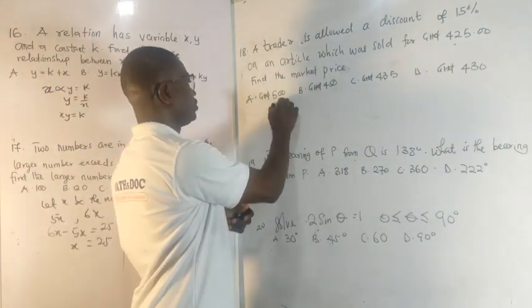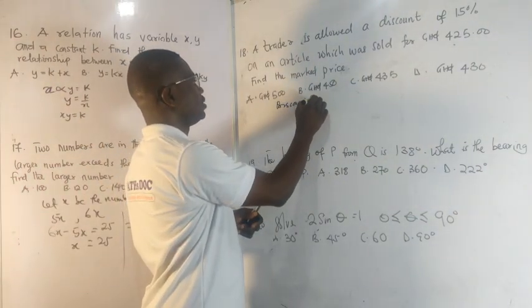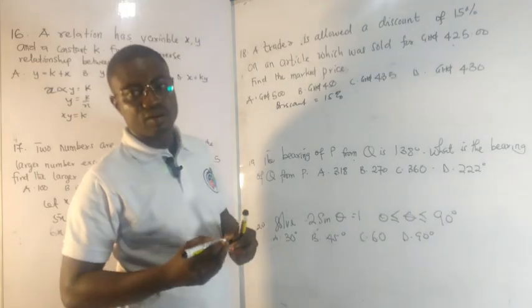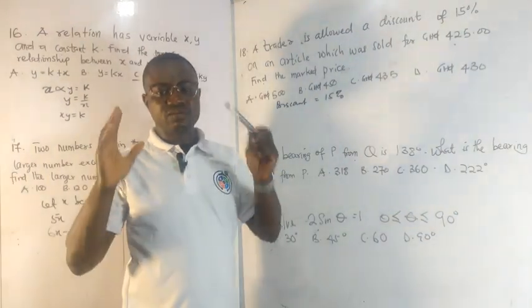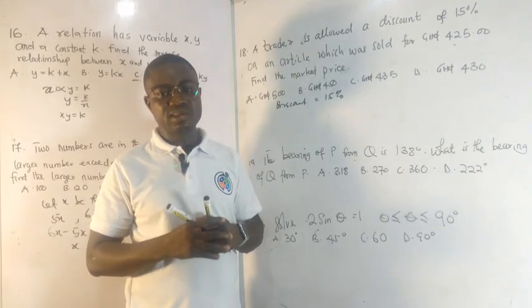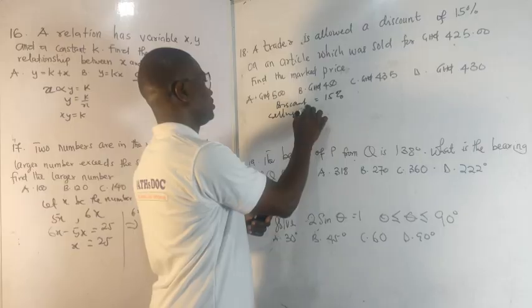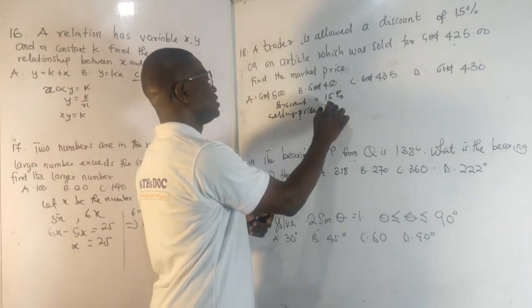So the discount is equal to 15%. All right. So if the discount is 15%, then we can easily get the selling price. The selling price is 85%.